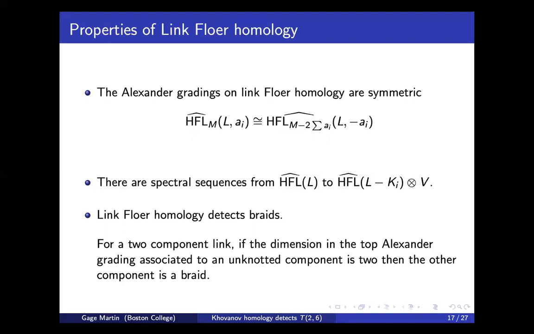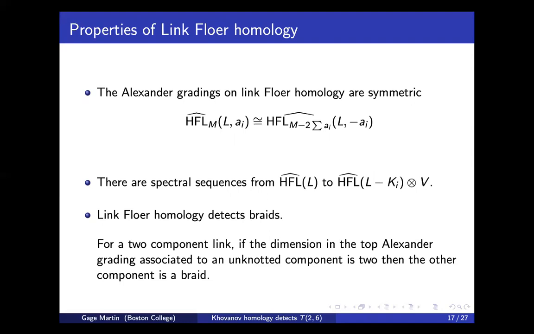And specifically, for a two-component link, if the dimension in the top Alexander grading associated to an unknotted component is 2, then the other component is a braid in the complement of that unknot.